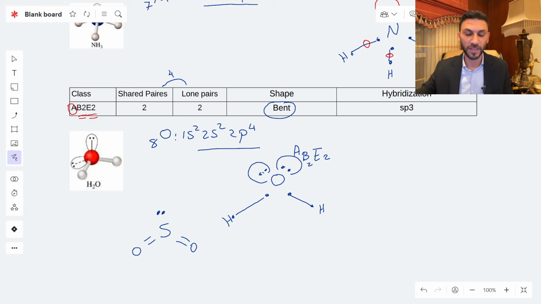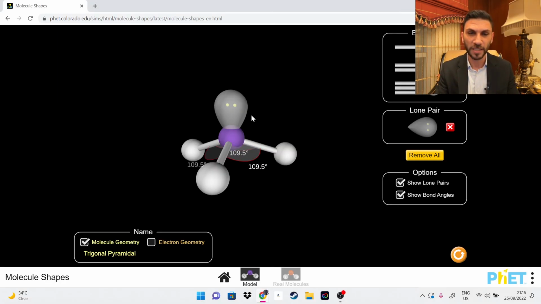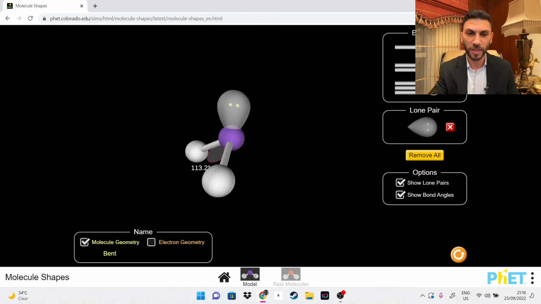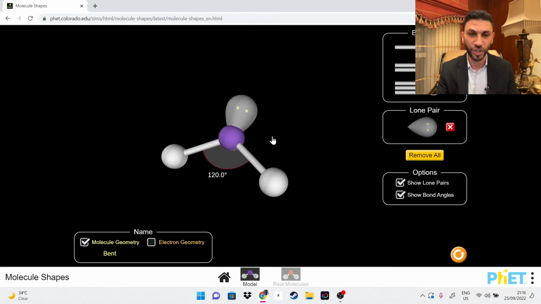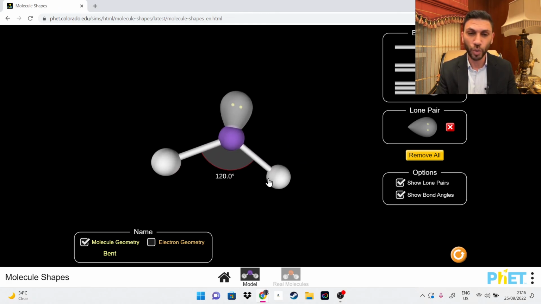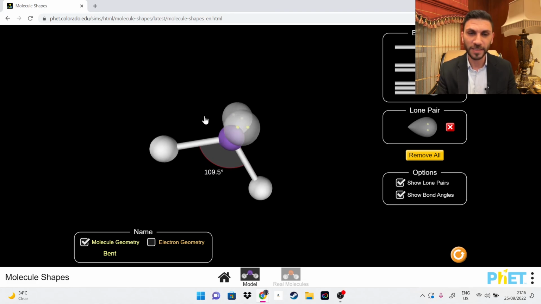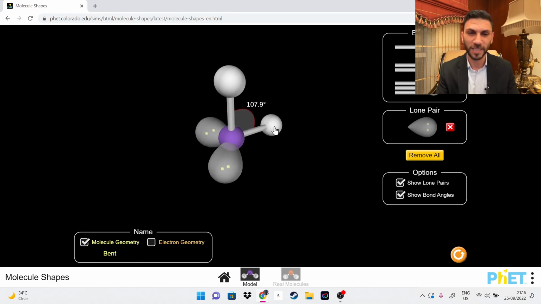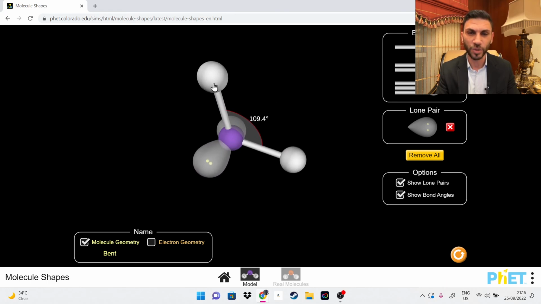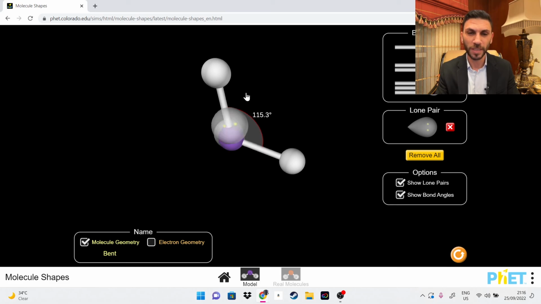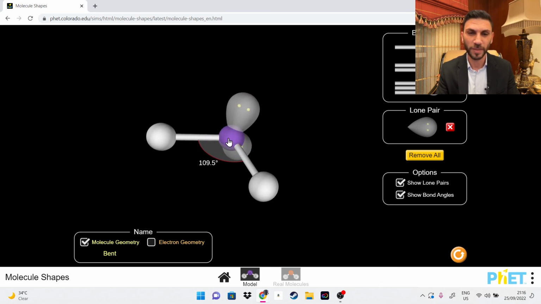Don't forget, in that molecule the angle was 120, but in the water molecule, we need to check the angle. When we don't have 3 shared pairs, we only have 2 lone pairs and 2 shared pairs. As you can see here, this is the molecule, and the angle between them is 109.5.